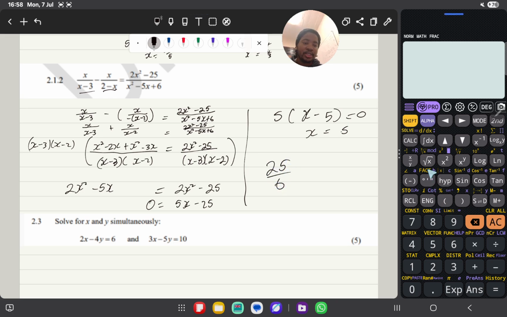Let's jump on to the next fraction to see. So you have 2 multiplied by 5, 5 squared minus 25, and then we have 5 squared minus 5 times 5 plus 6, right? And we are getting 25 over 6. We are still good.